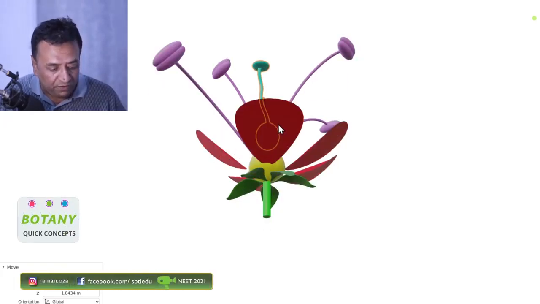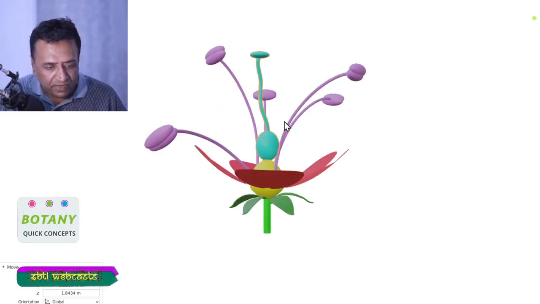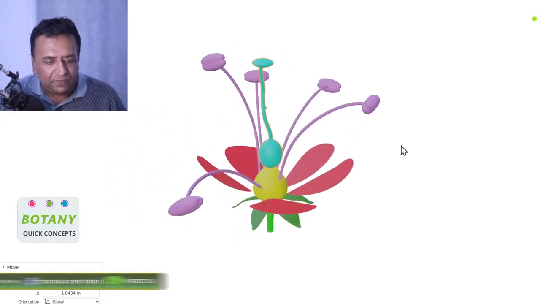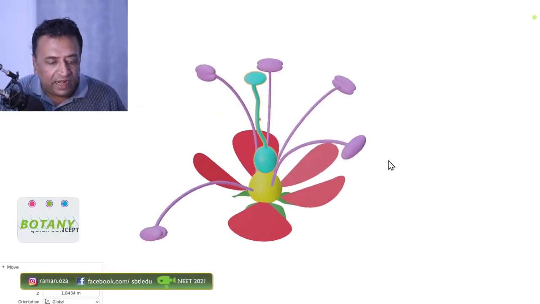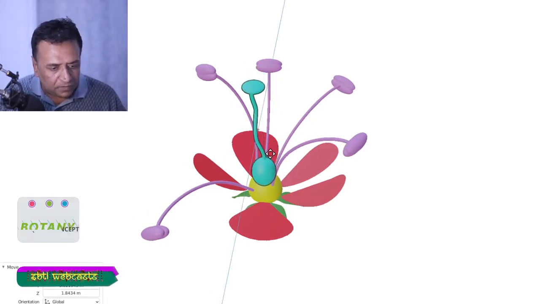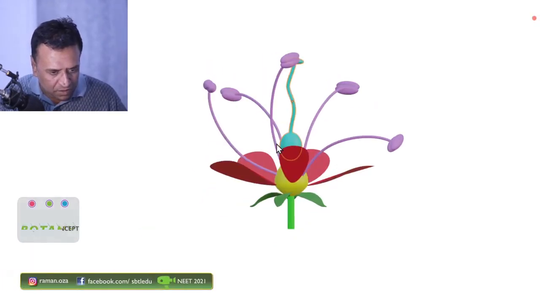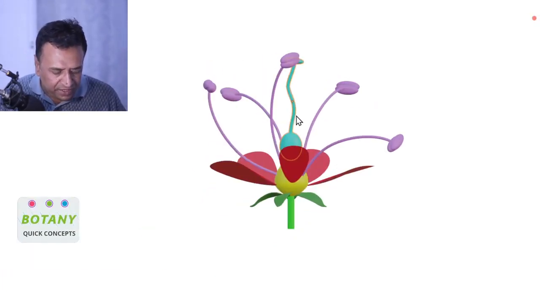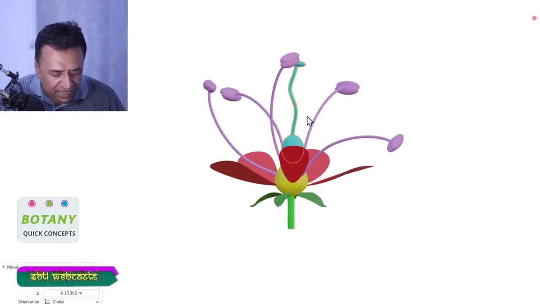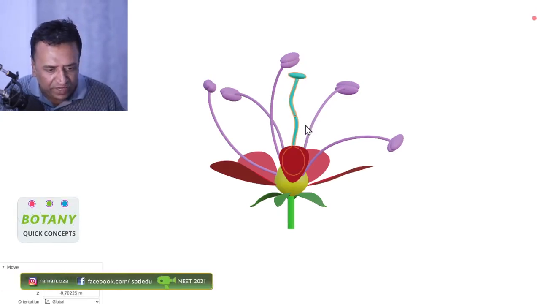So if you see this visual carefully, you can know very comprehensively that it is a superior ovary, and if it is somewhat merged, then it is called a semi-inferior ovary, and if it is completely merged, then it is called inferior.